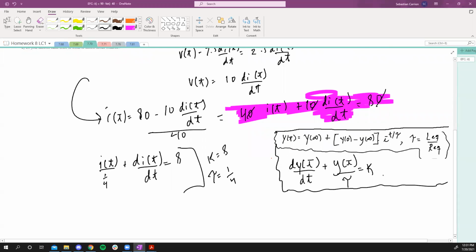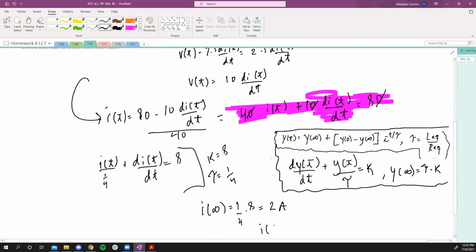We also know that our i infinity would be tau times k, 1 over 4 times 8, 2 amps.